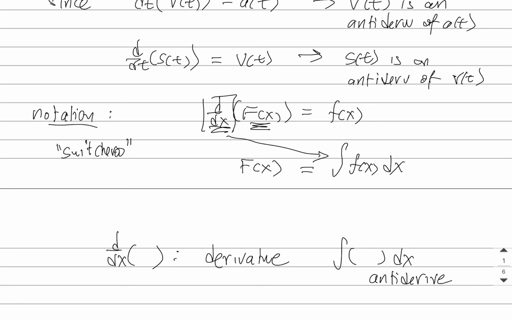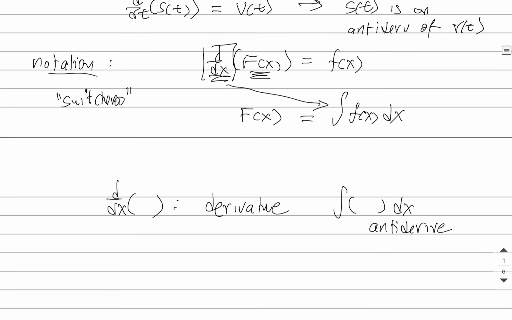What's important is that the dx matches the variable in there, in the same way that the x matches the variable in there. So that's what we're going to be talking about, derivatives and antiderivatives. Those are the two symbols that we want, and these are the questions that we're going to want.